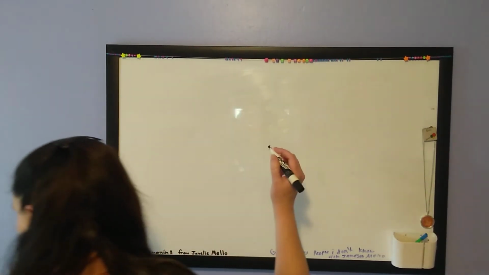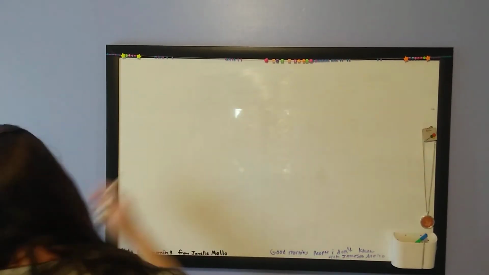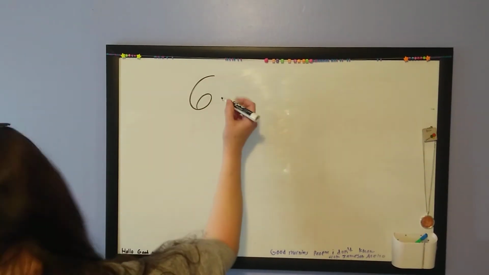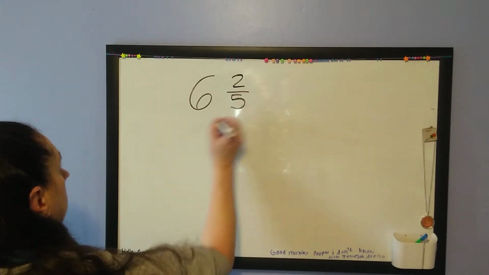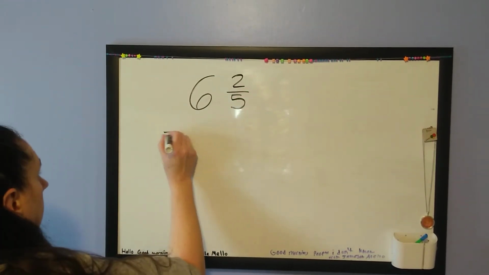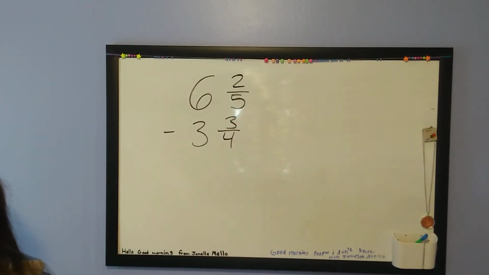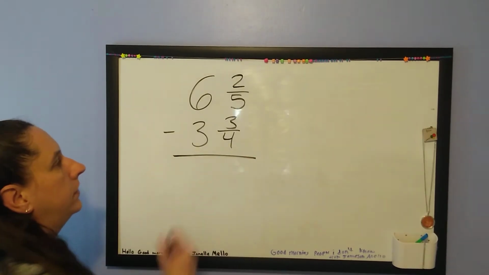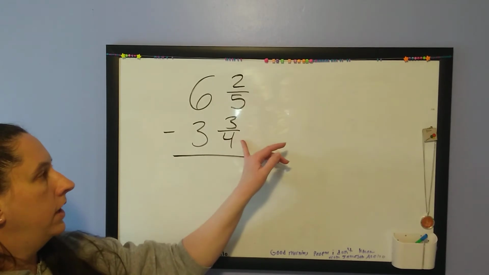All right, so on page 26, number 10, it starts with 6. That marker is not working. It starts with 6 and 2/5. And they want you to subtract 3 and 3/4. Okay. So again, we need to find our denominators, 5 and 4.